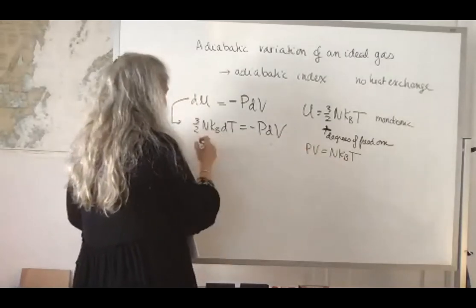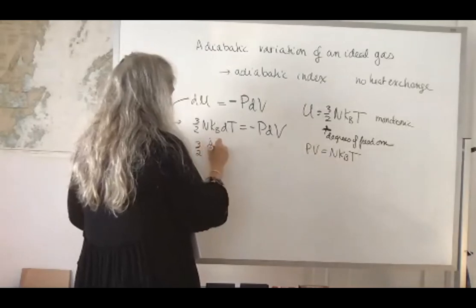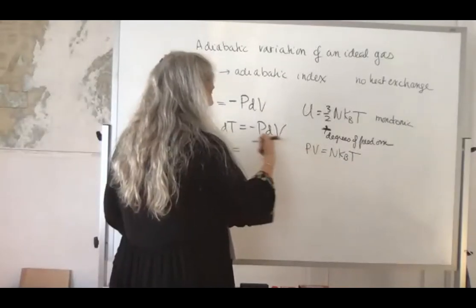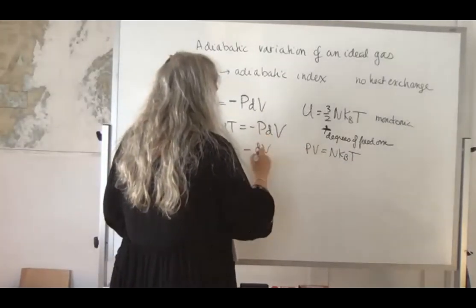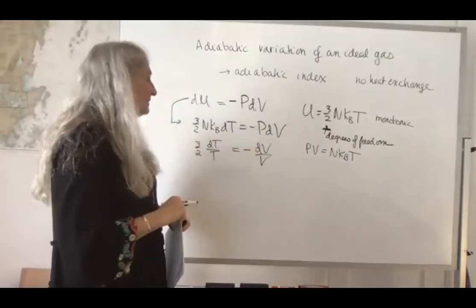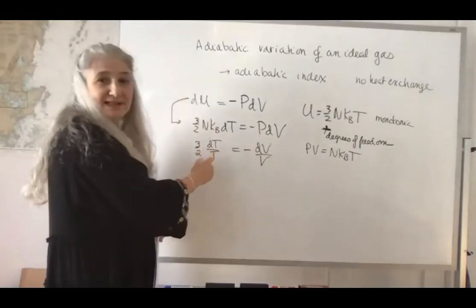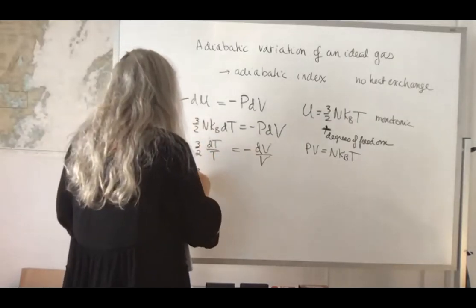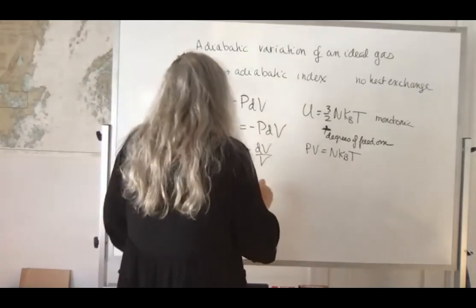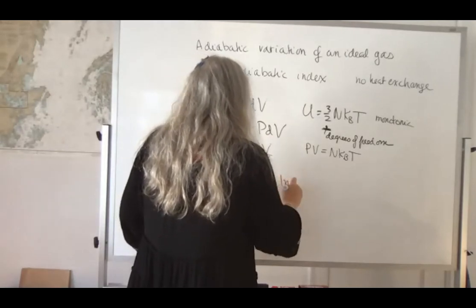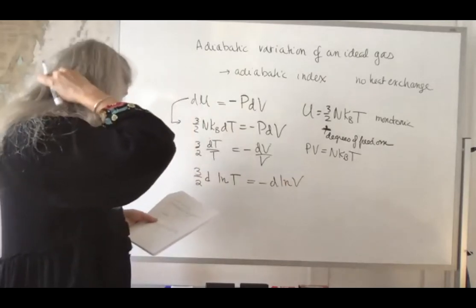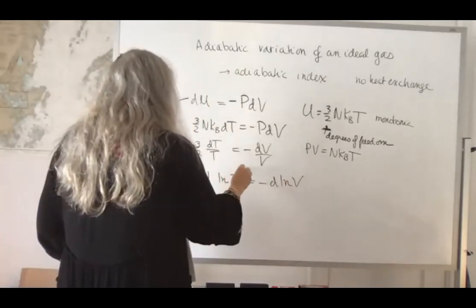So N kB T gives 3/2 dT over T. I have PdV divided by PV, the P's cancel, and I get minus dV over V. So dT over T I can write as a log: d of ln T is equal to minus d of ln V. It's just convenient, and I can now integrate this. So let's put the power here.